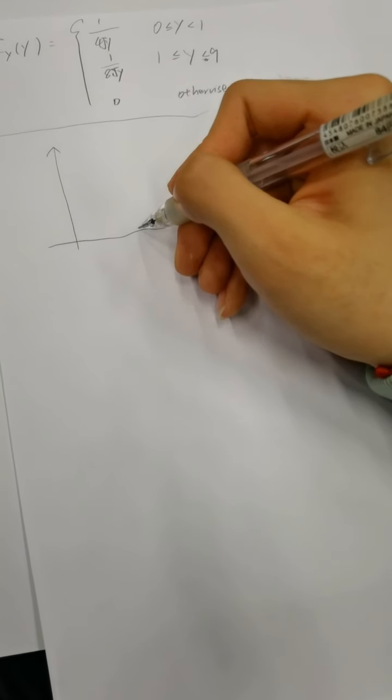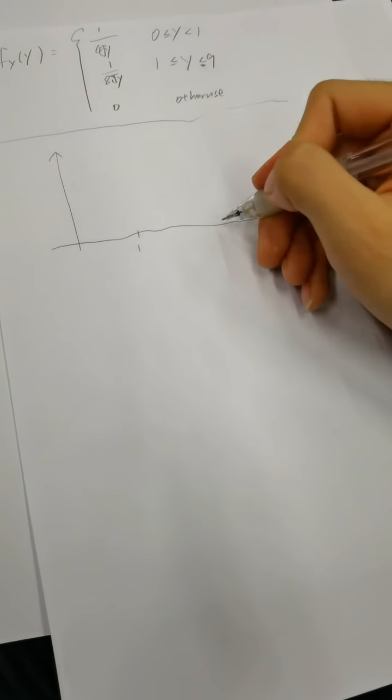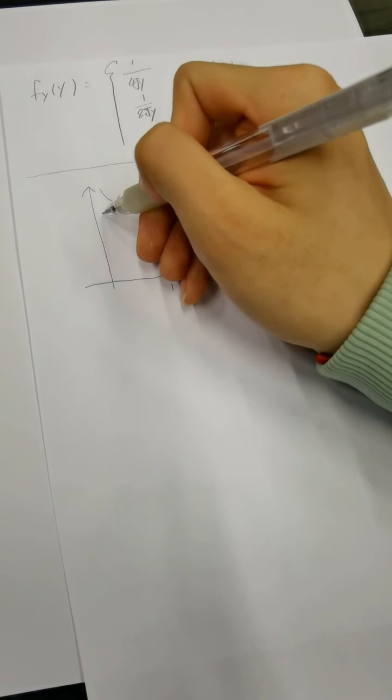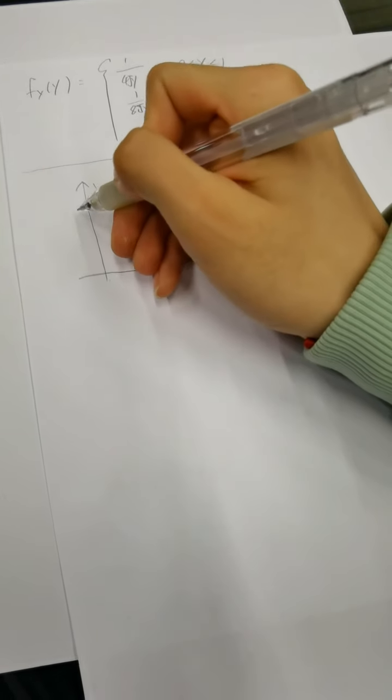For the first part, from 0 to 1, we need to put 1 in here because we need 9, so we can put 9 first. From 0 to 1, this is this line, and this point is this.